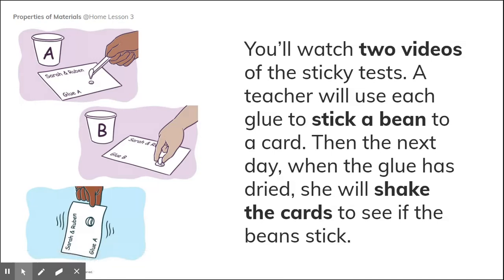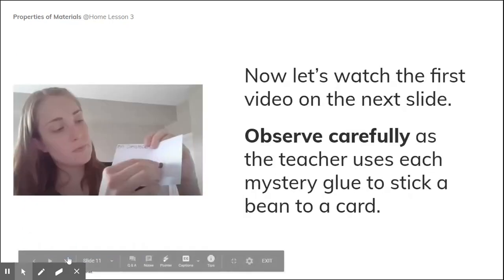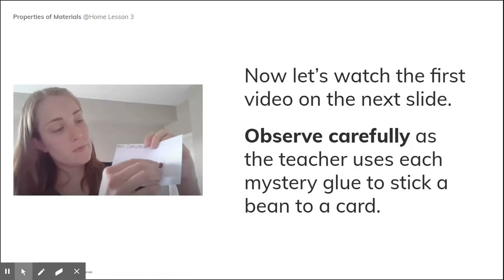A teacher will use each glue to stick a bean to a card. Then the next day, when the glue has dried, she will shake the cards to see if the beans stick. We're going to watch the first video. You're going to observe carefully as the teacher uses the mystery glue to stick a bean to a card.